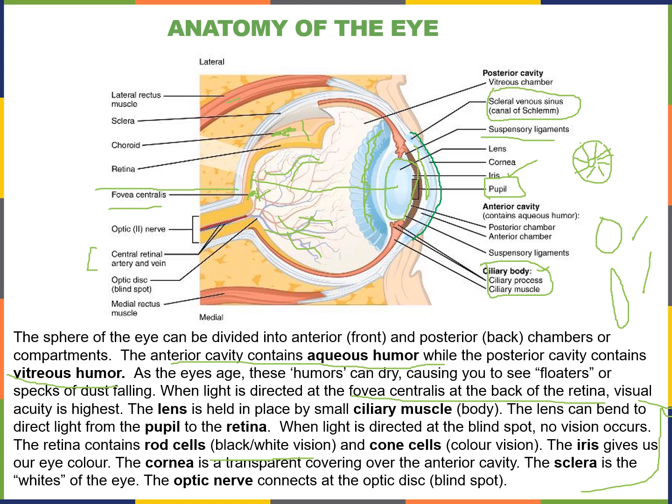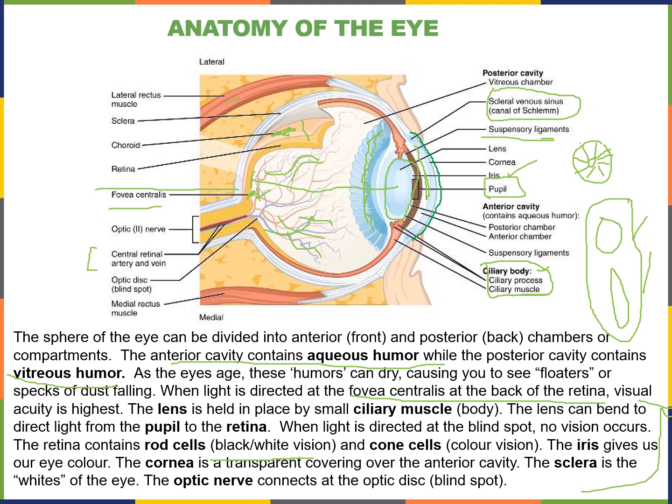Then the lens, as we get older, the lens here also can get cloudy, but one of the more common problems is that these ligaments and the muscle for changing the shape of the lens during accommodation don't work very well, because as you get older, everything starts to work less well. And so most people find by about 40 years of age, they have to wear glasses.